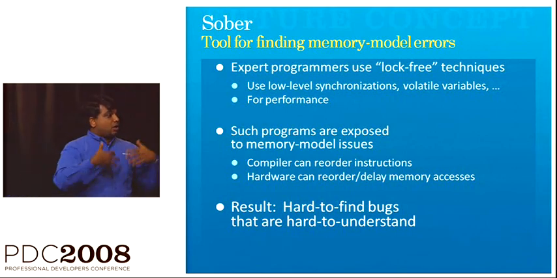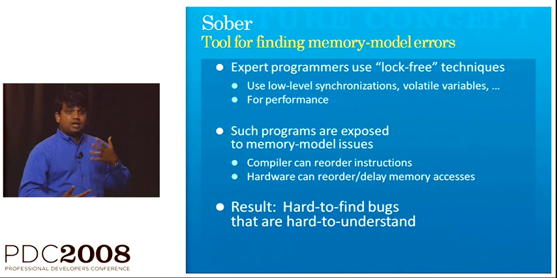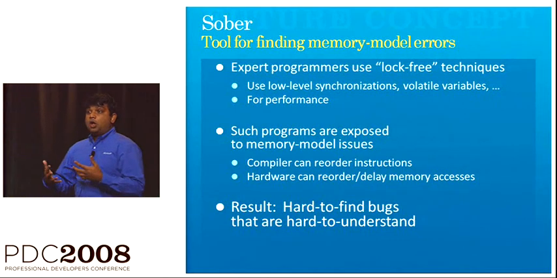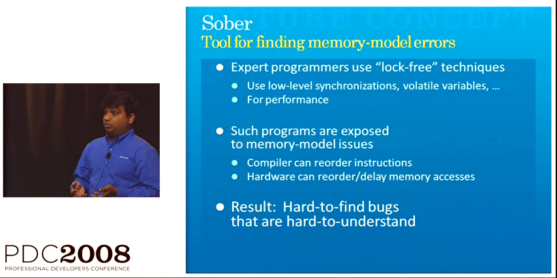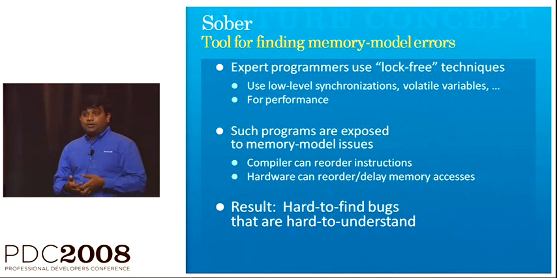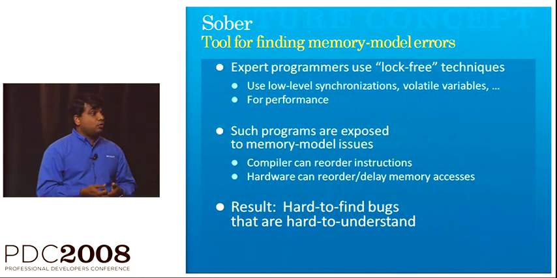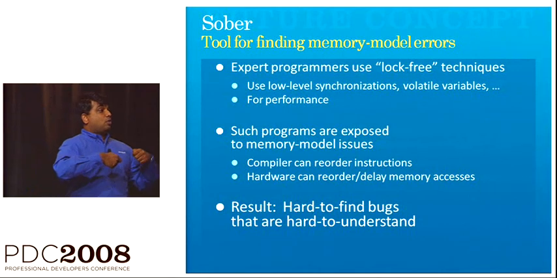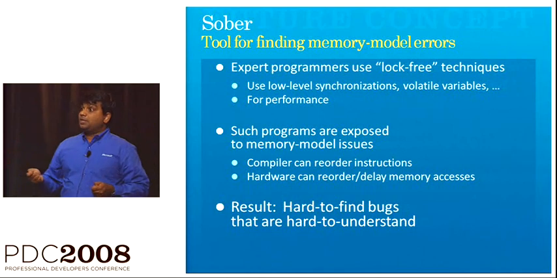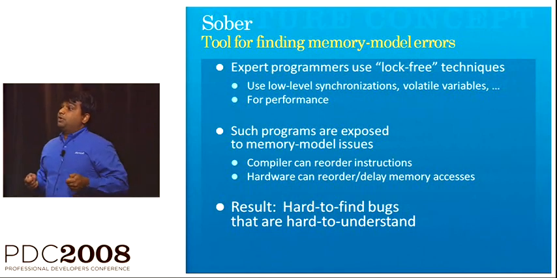And after the compiler, you run it on your processor, and the processor can reorder or delay instructions. All these can change the behavior of your program. It's very, very difficult to find these bugs because you not only have to get the right interleaving, you also have to be lucky enough to be running the program on the right processor configuration.